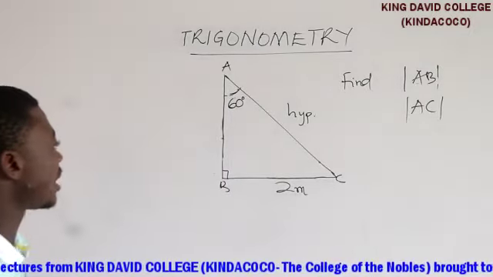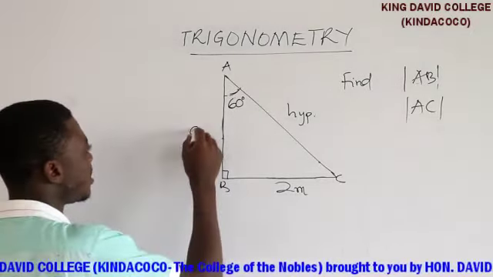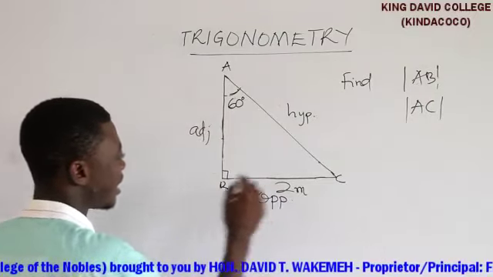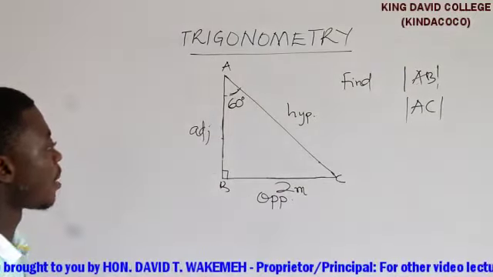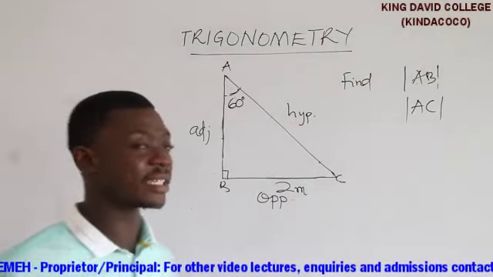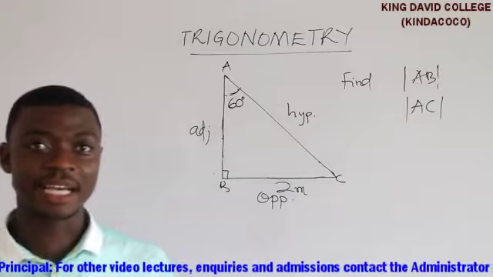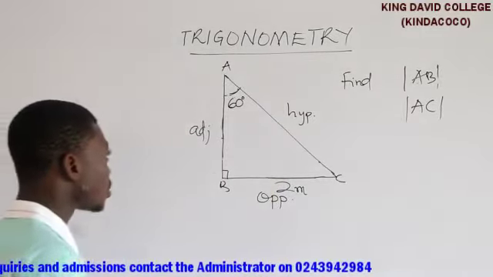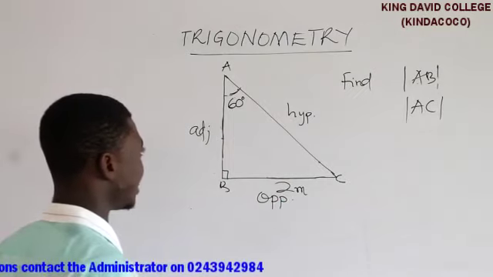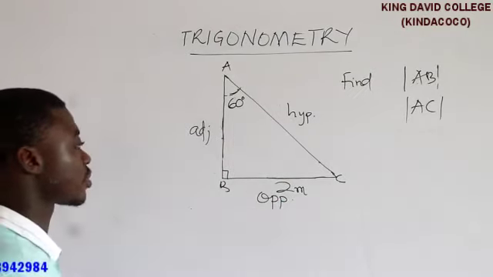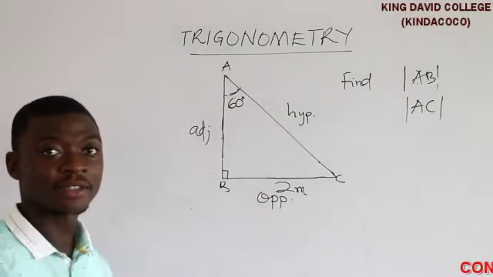Fine. So then, if we identify here to be your adjacent and then here to be your opposite, then we can choose any of the three trig ratios we wrote earlier: SOH, CAH, and TOA. So what that is going to do is this. Let's say we want to choose sine.